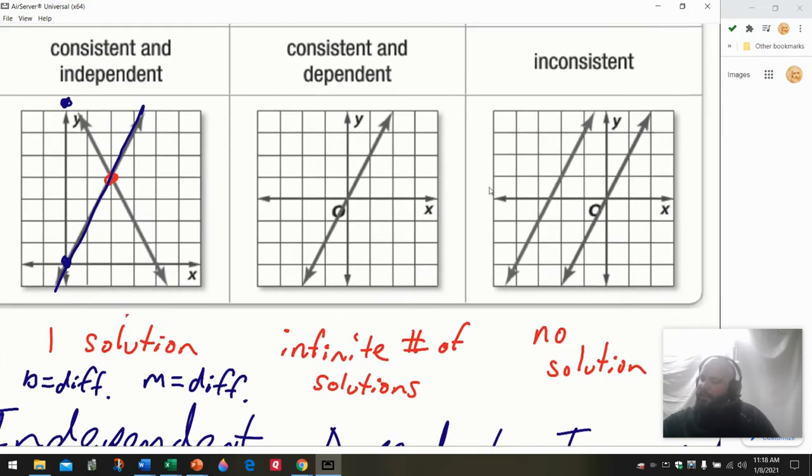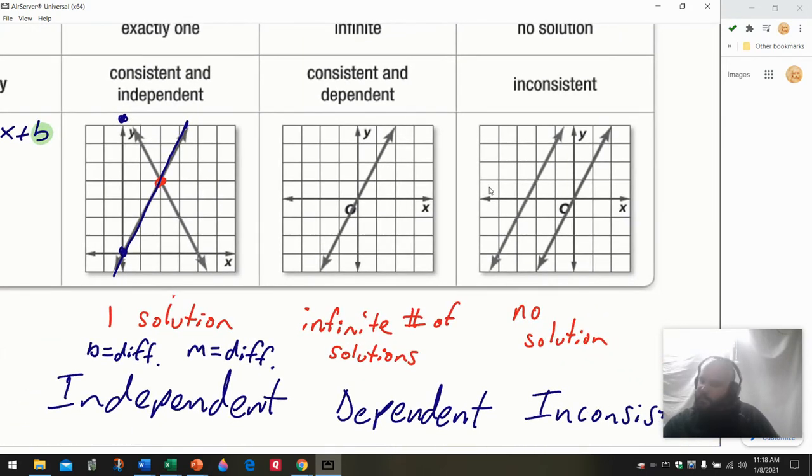Now in this second example, you can see there are two lines here. There's a line here, and then there's one right on top of it. So I think, okay, what about the m and what about the b? The b, they're both crossing at the same place. So the b's on those two lines are the same, as is the m.